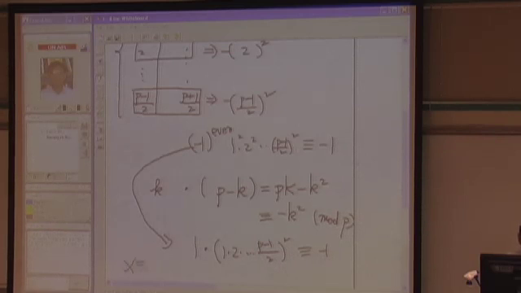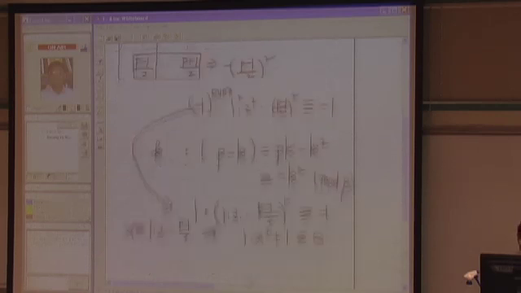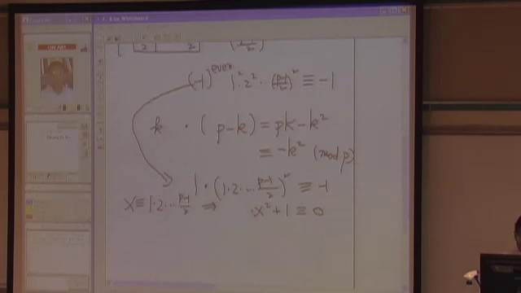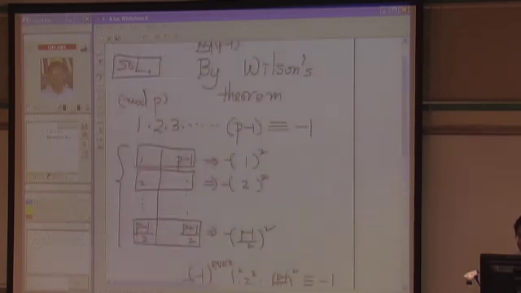Let's call it x, right? 1 multiplied by 2 multiplied by this number. Then what happens? x squared plus 1 is 0. Then, as you can see, we not only proved the case, we found the solution.